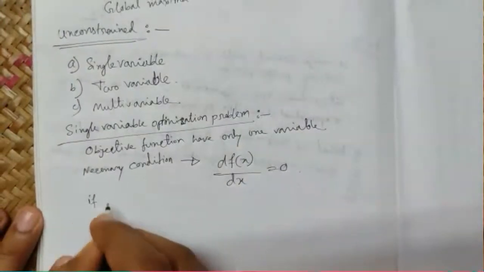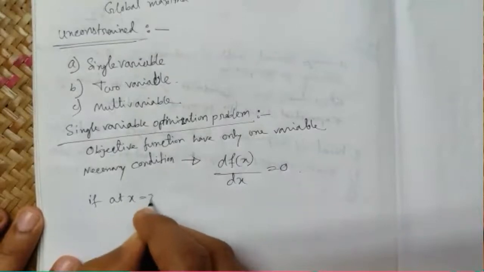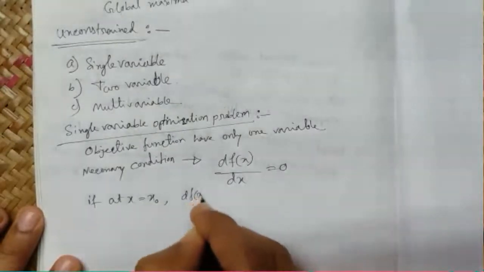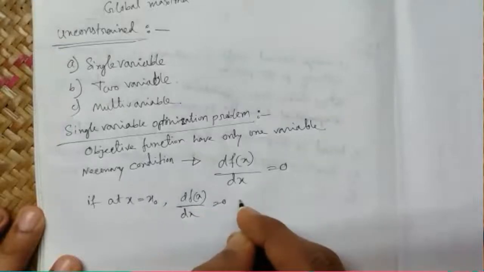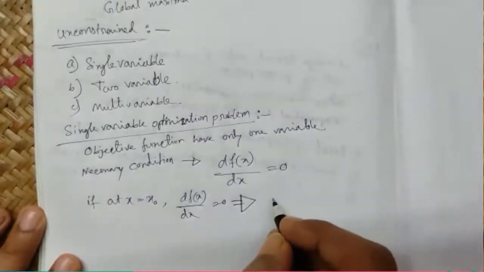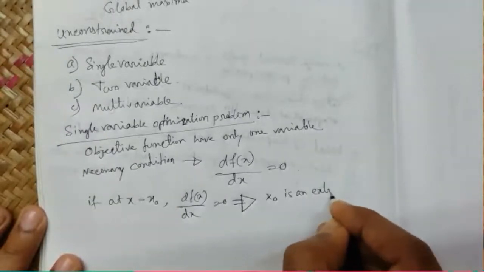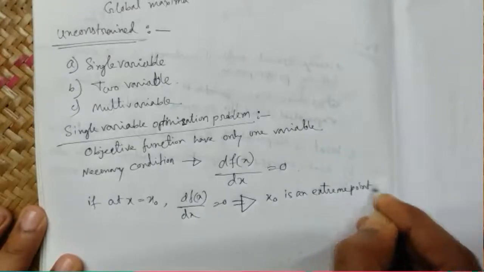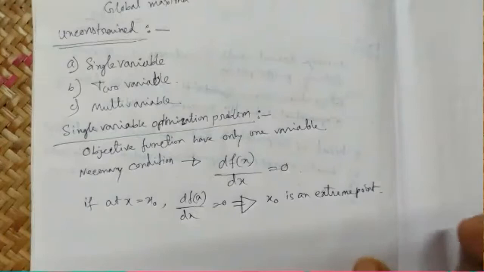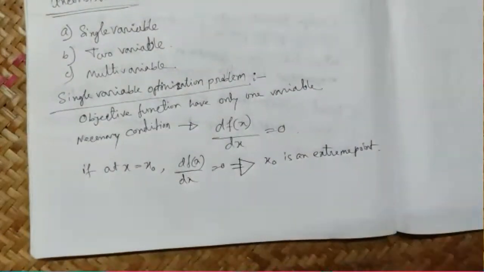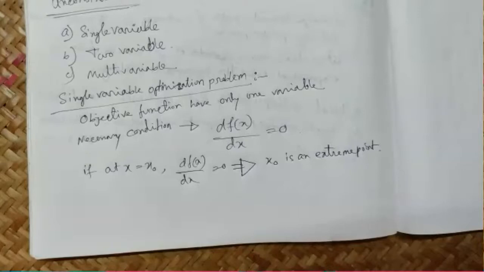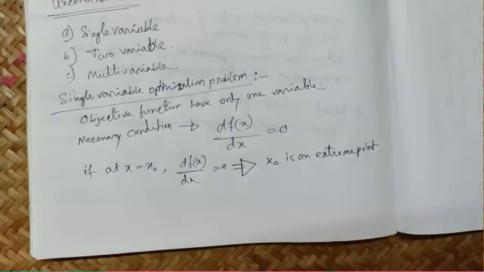So if at x equal to x0, df(x)/dx is equal to 0, that implies x0 is an extreme point. Okay, now we need a sufficient condition to determine whether this extreme point is a maximum point or a minimum point.